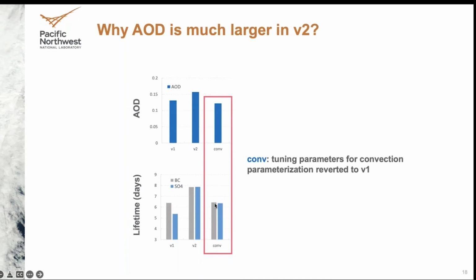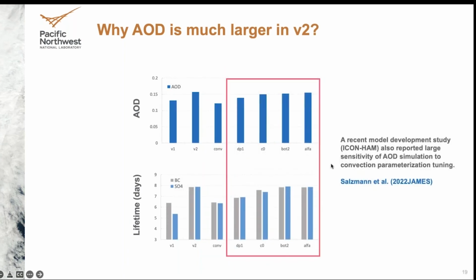and the aerosol lifetime is also reduced. In that tuning parameter set, there are 4 parameters: as you can see, DP1, C0, the layer index for the convection initiation, and alpha.